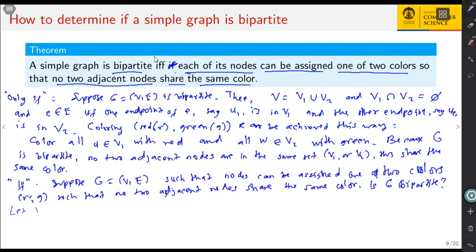Let V1 be the set of nodes u such that the color of u is red, and V2 be the set of nodes u such that the color of u is green.